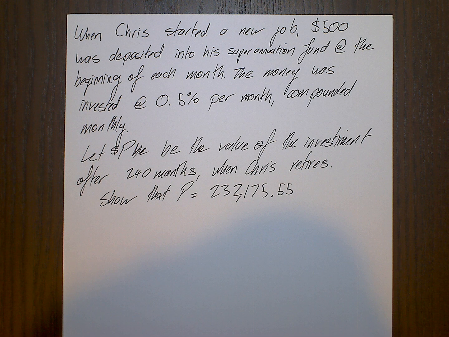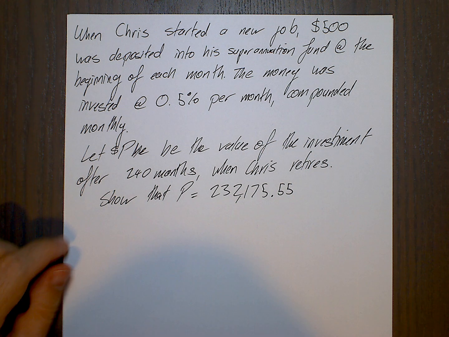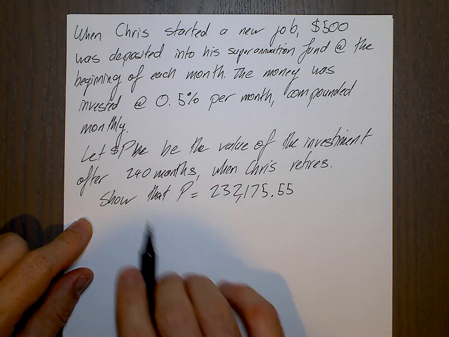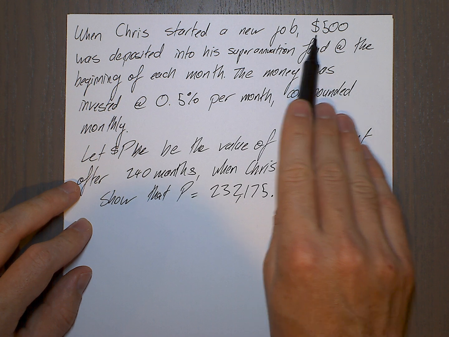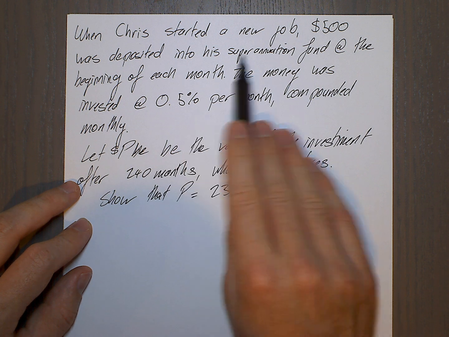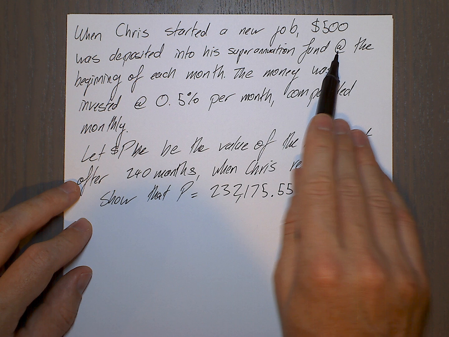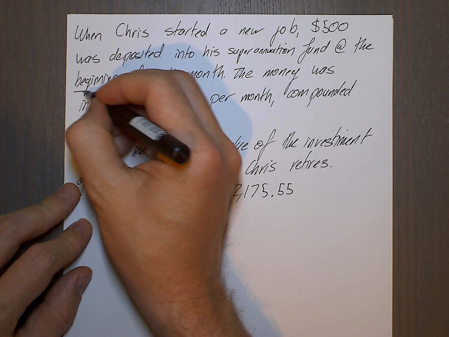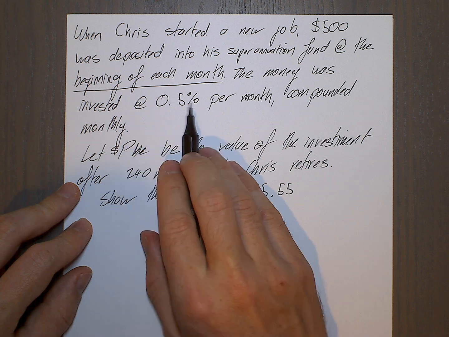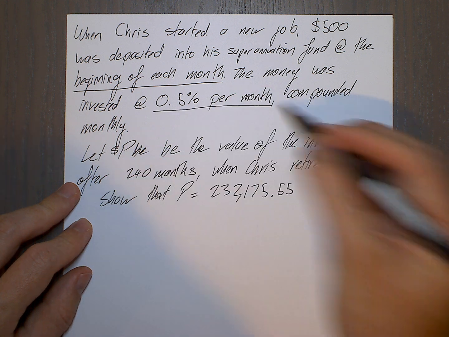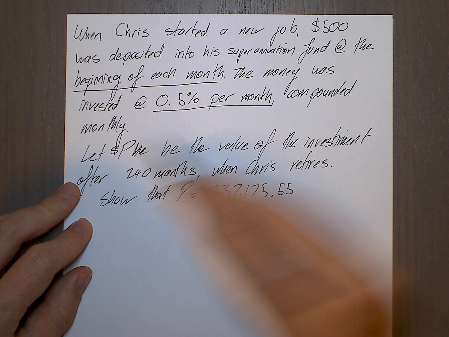So what's happening here is I'm going to try and prove, sorry, I'll read the question. When Chris started a new job, $500 was deposited into his superannuation fund, so there's annuities, at the beginning of each month. The money was invested at 0.5% per month, so our job is done for us, compounded monthly.